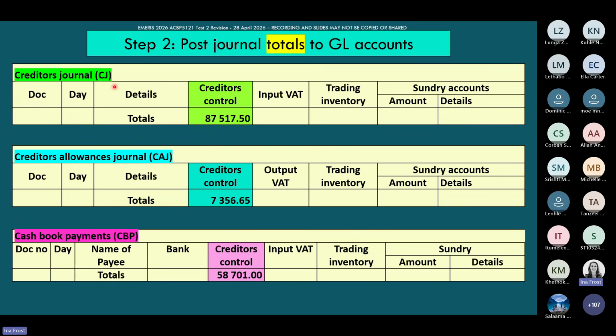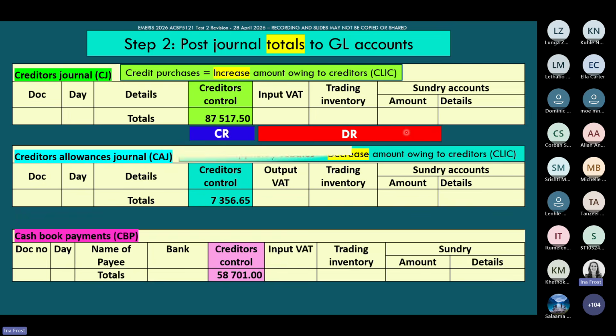And remember again, your creditors journal. So this will be credit purchases, and these will increase the amount owing to the creditor. So in other words, we're going to post it to the credit side of the creditors control, and everything else then to the debit side.